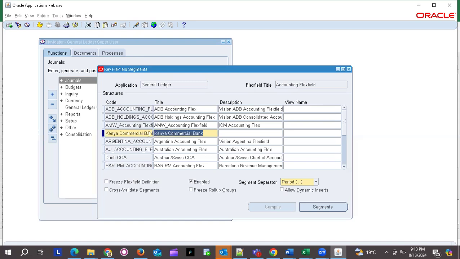But before then, the naming configuration is very important. Oracle advises that to avoid confusion, it's good to put an underscore instead of a space in between, so that there is a continuous connection between the characters.